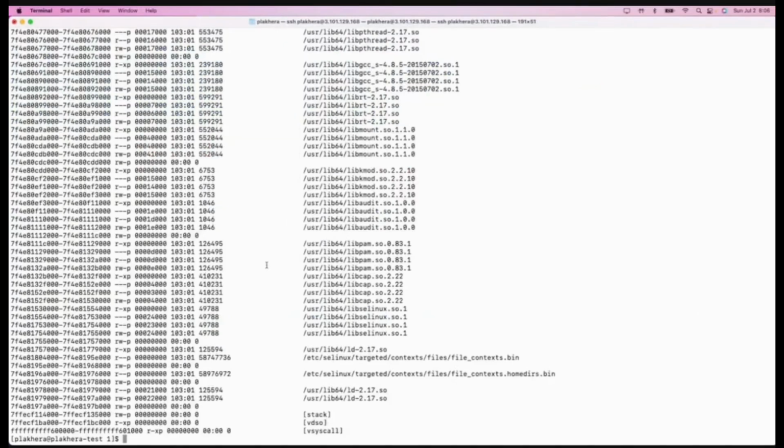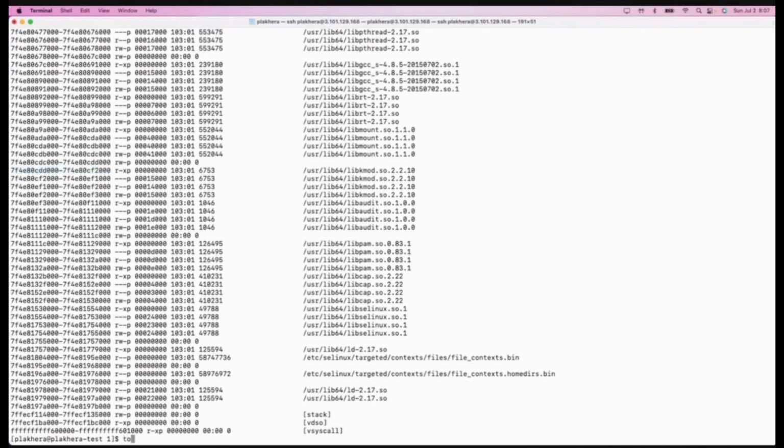So this is giving us the mapping of the virtual memory. We will talk about that later, like what exactly virtual memory is. Basically it is the way a process addresses the memory. So for example, if a process needs to allocate memory, or rather address the memory, then it will always refer to the virtual memory.